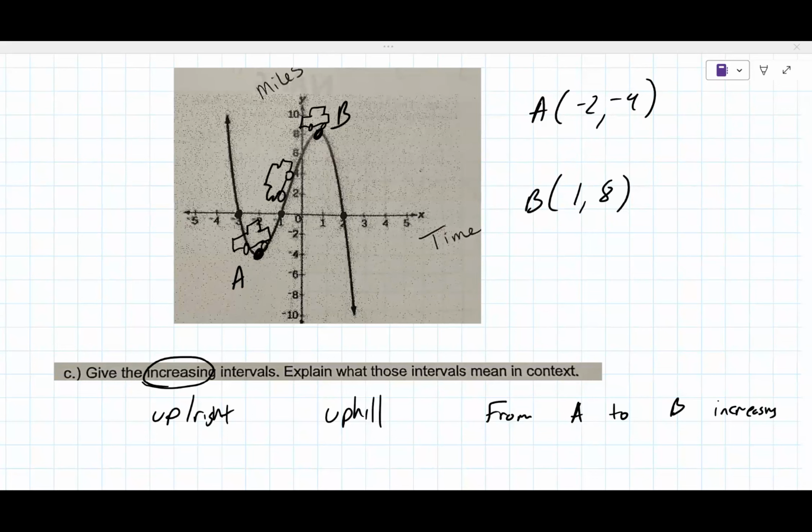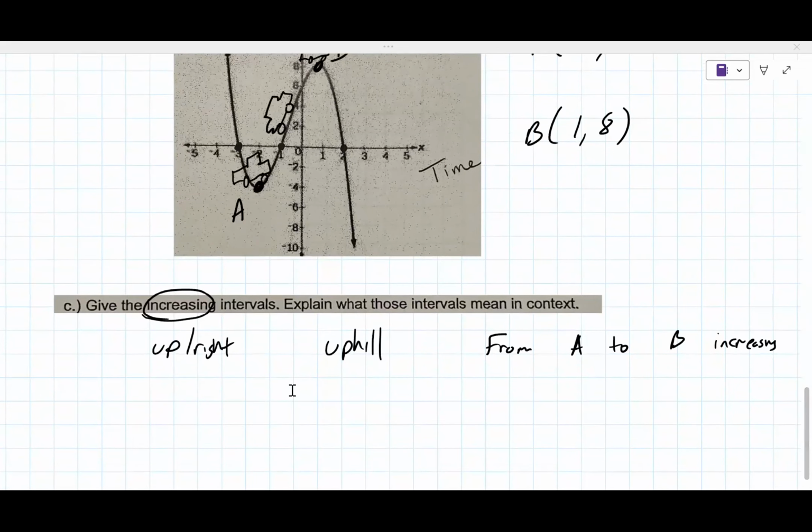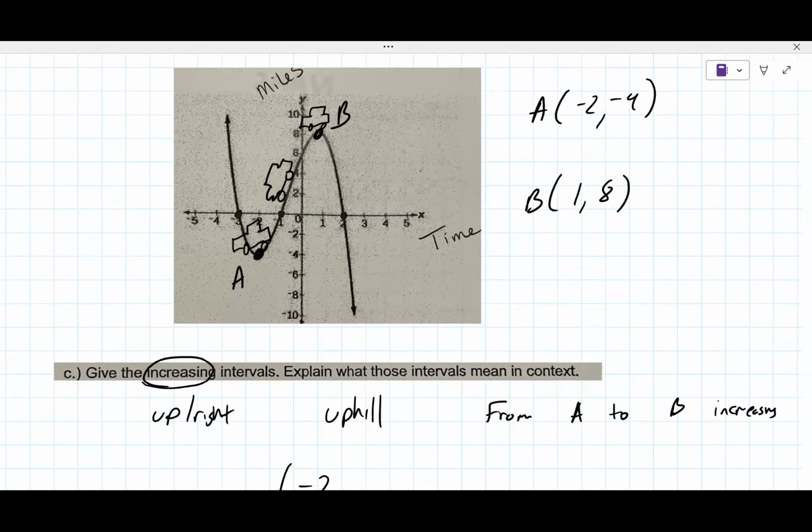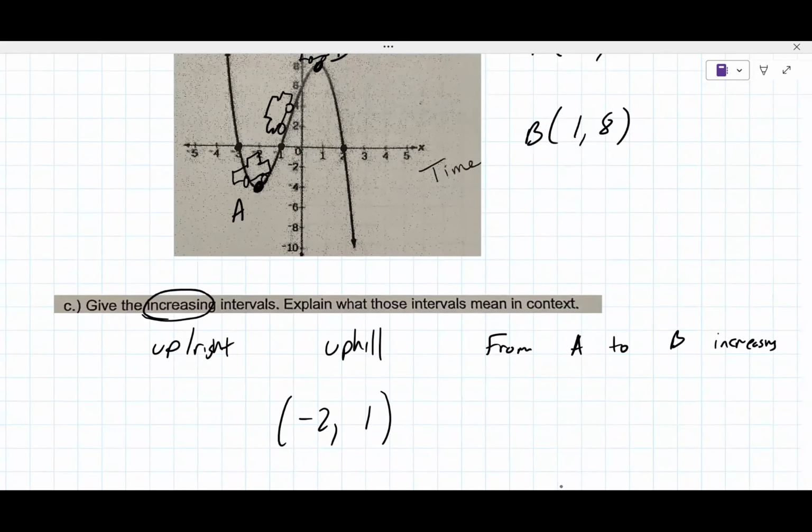Yes. What is the X value at B? 1. Okay. So from -2 to 1, it's increasing.